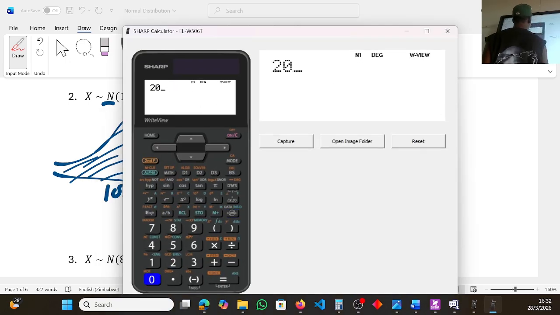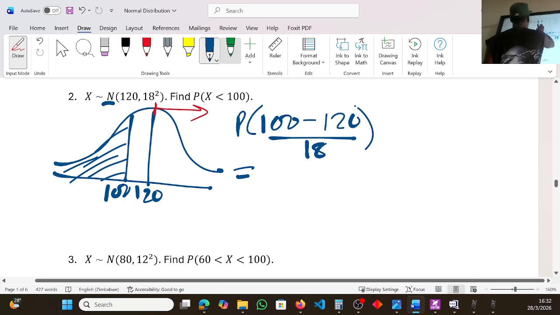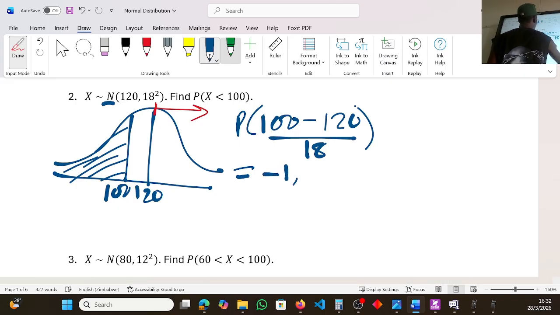So 20 divided by 18 gives us, in decimal, 1.11. It's going to be negative because 100 is smaller than 120, so it's negative 1.11. And remember, we want the probability.